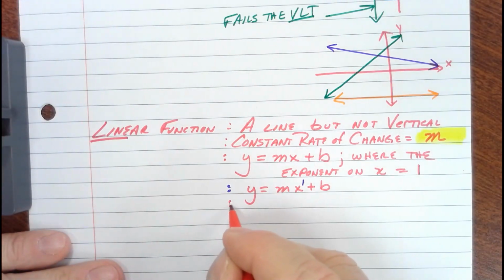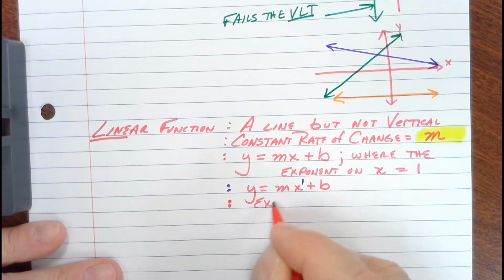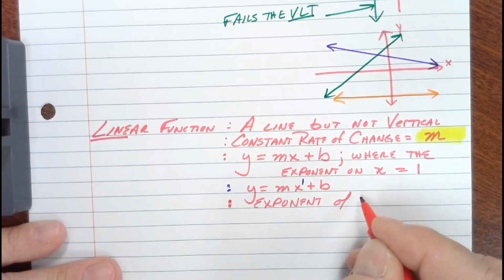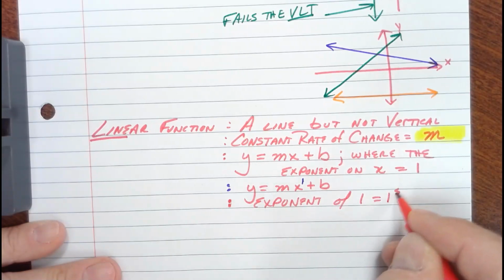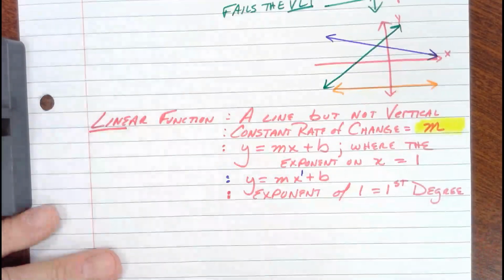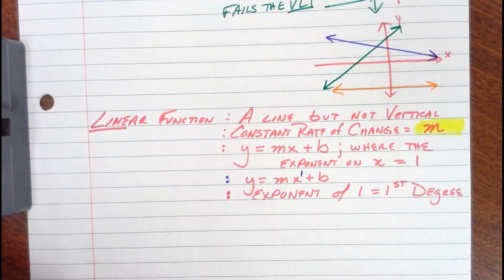And if we didn't know already, an exponent of 1 is equal to the first degree. It's a first degree equation when it has an exponent of 1.